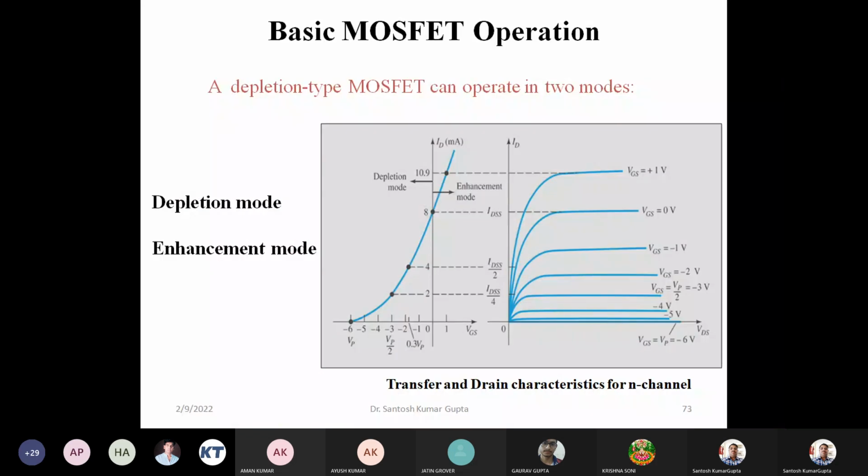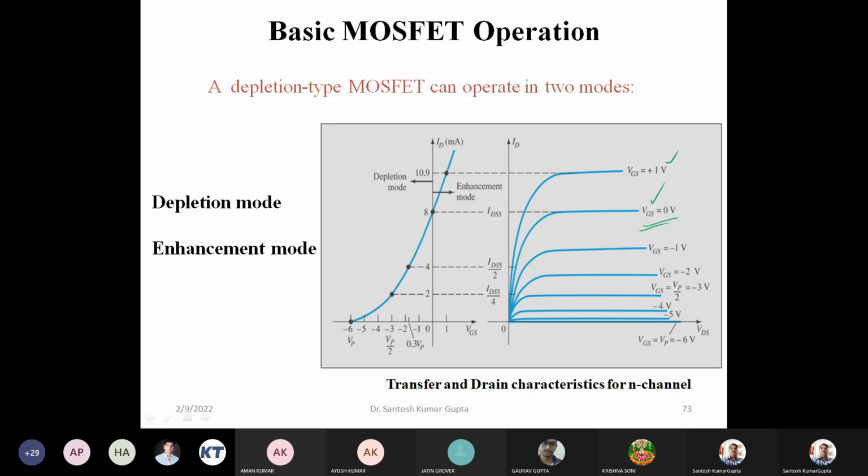So this you can see here in this picture clearly. For VGS equal to 0 volt, we have some value of the drain current. If we have a positive gate voltage, then larger current is seen.